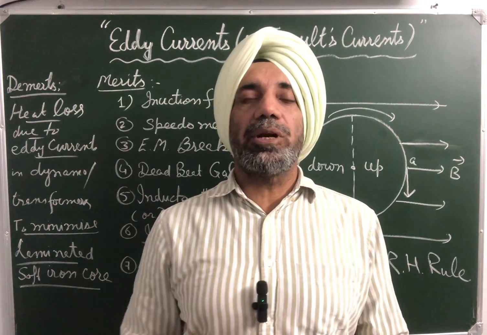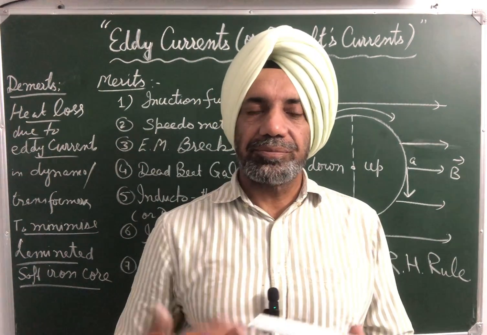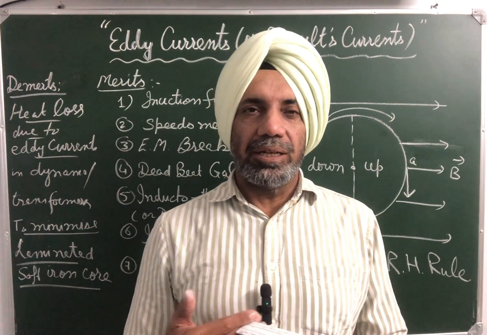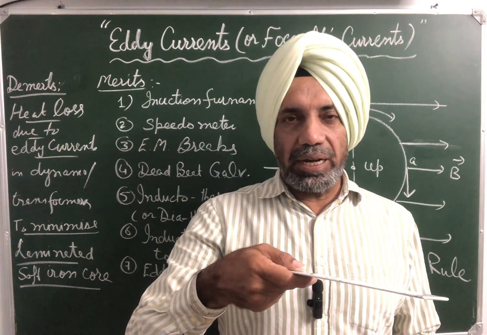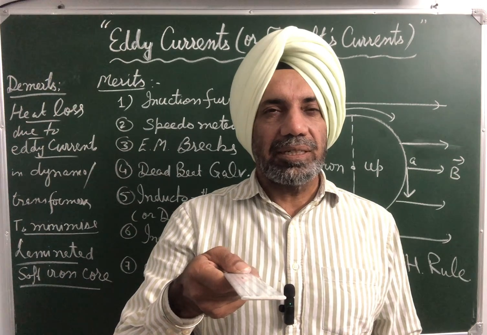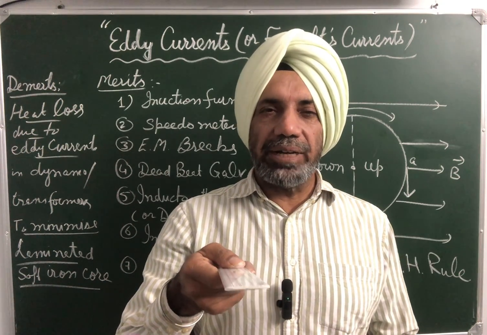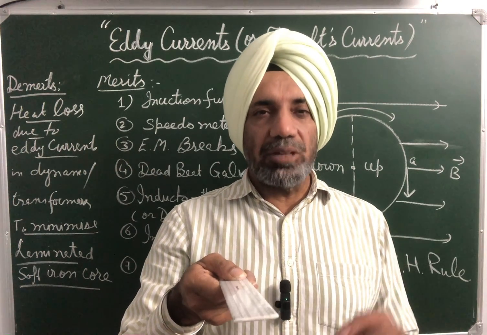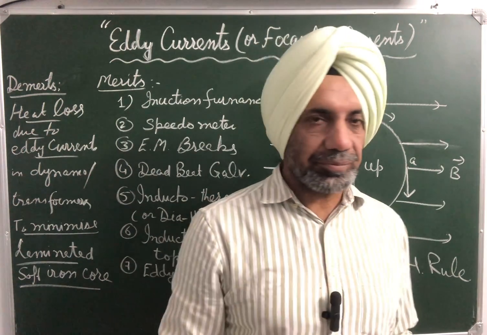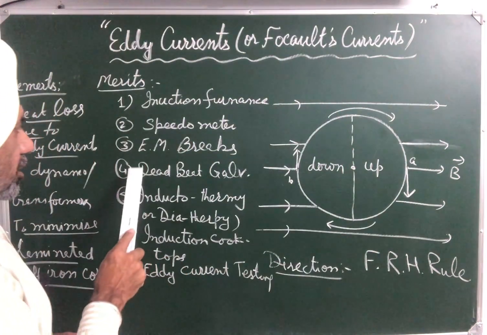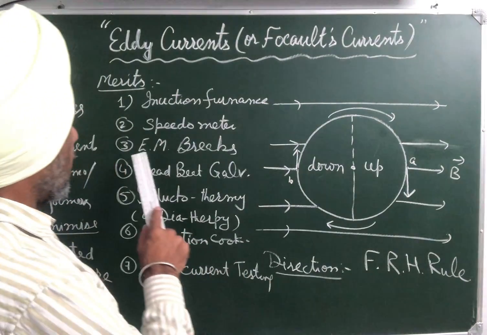But eddy currents are produced in the body of the cylinder covering the magnet, which opposes the cause that produces it. So when the pointer gets deflected, it stops at a particular reading depending upon the speed of the vehicle. The more the speed of the vehicle, the more the deflection. But it is dead beat. So the speedometer's principle is based on eddy currents.